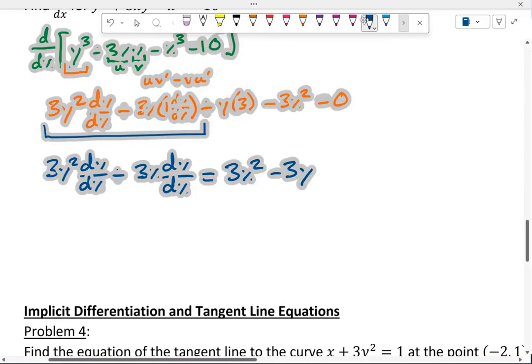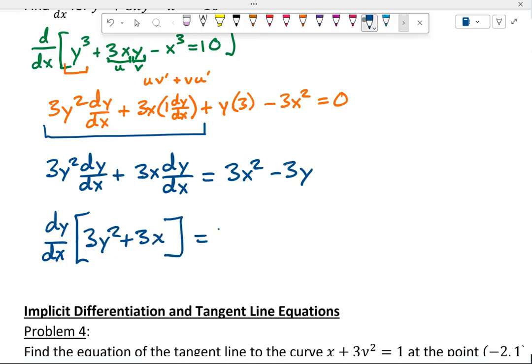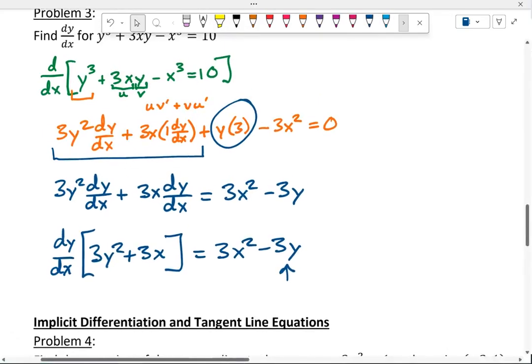Factor out our dy dx, and we have 3y squared plus 3x. Then on the other side, 3x squared minus 3y. Which y, Rocky? This one? From here. That was part of my product rule.